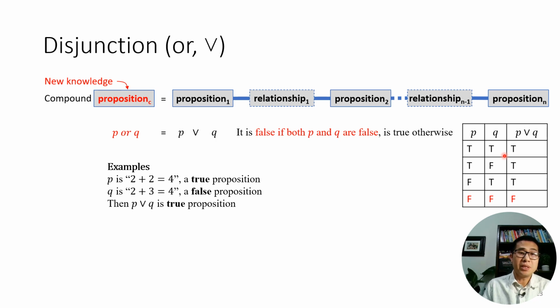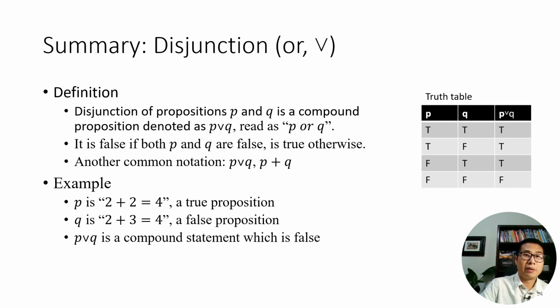And we say P or Q is true, because one of them is true, and that one is P. So here is a summary of the disjunction operator that you can read. A note here is that some of the time people write them as P plus Q, and in logical operation this is acceptable as well.